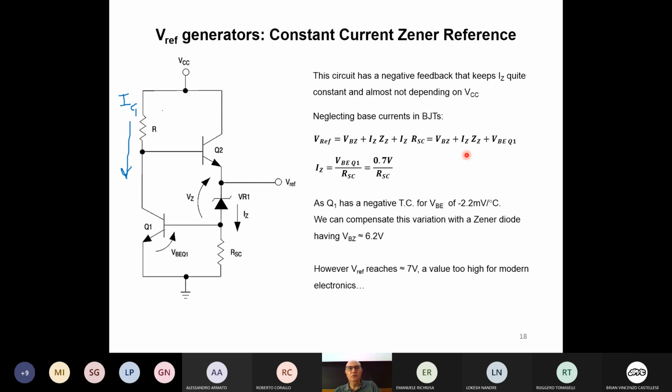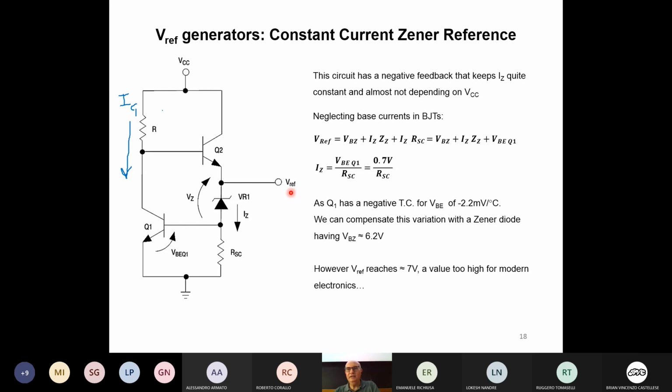This is interesting because with this circuit here, we have stabilized the output voltage in terms of VCC. In terms of temperature, we choose 6.2 volts for the Zener diode. And if we don't take current from the reference, it's stable also in terms of current.